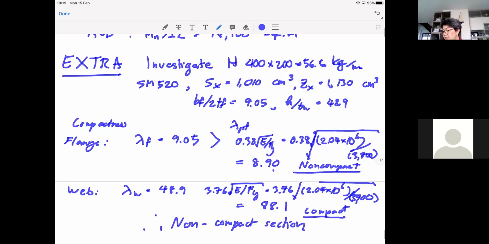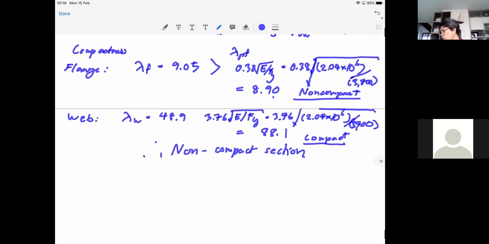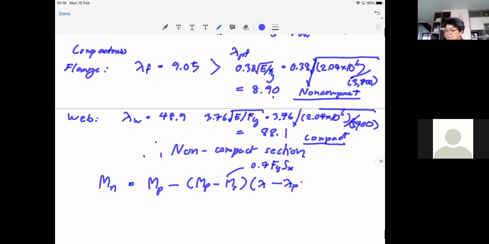So this time I am going to calculate the nominal moment based on that formula. So the nominal moment becomes MP minus MP minus MR. I can say MR is 0.7 Fy Sx. And this is lambda minus lambda p of the flange divided by lambda r of the flange minus lambda p of the flange.